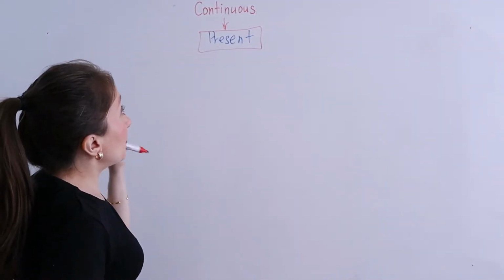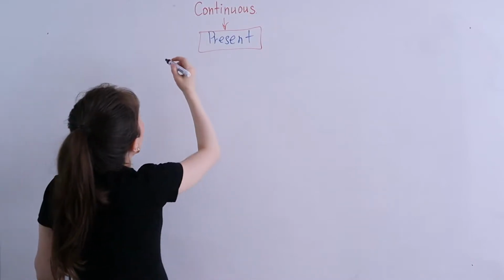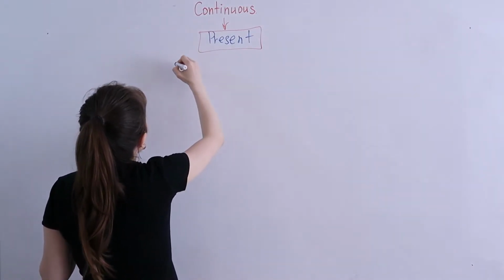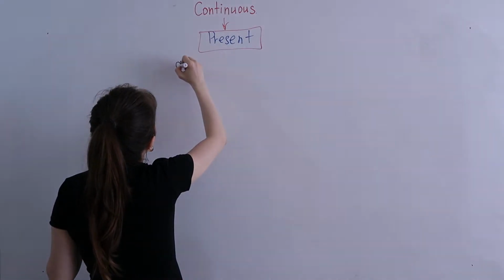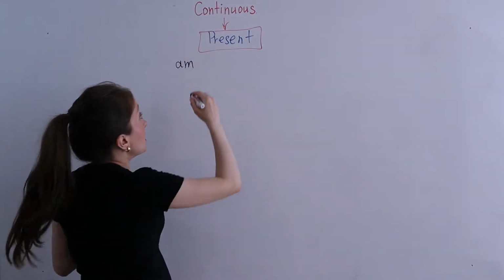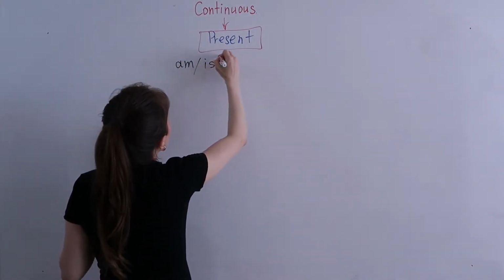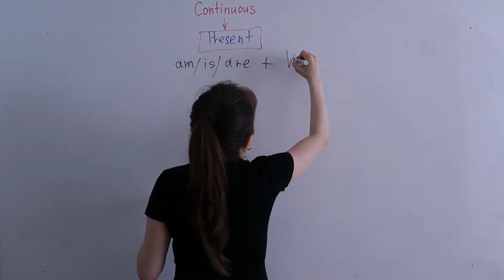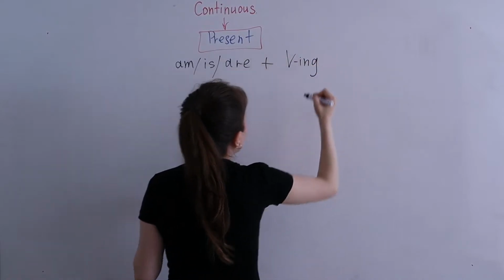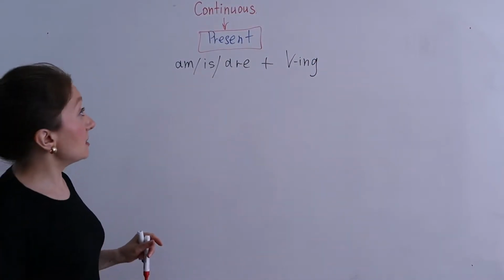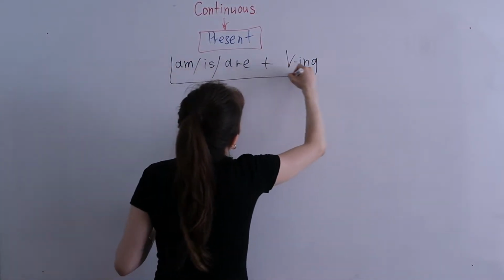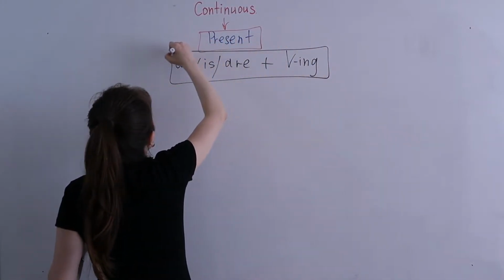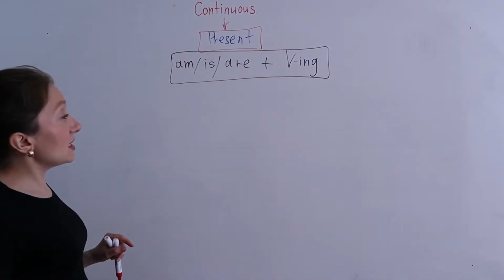We make present continuous the following way. We have the verb to be in the present: am, is, or are plus verb ing form. Right? This is the basic construction, how to make present continuous.